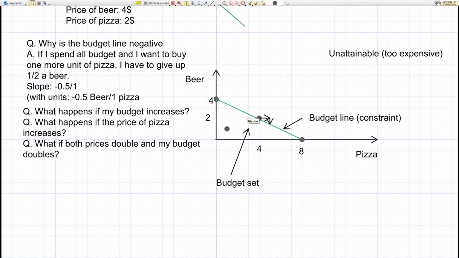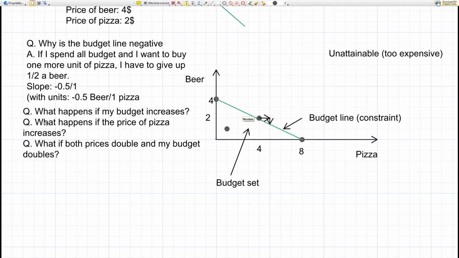In real life, I know that I have to choose between a whole amount. So either 1 or 2 or 3 pizzas or 1 or 2 or 3 beers. Why do economists do it like this? We do it like this because it's much more convenient. The math is much simpler to express if we just have this abstraction that I could decide exactly to consume at that specific point.